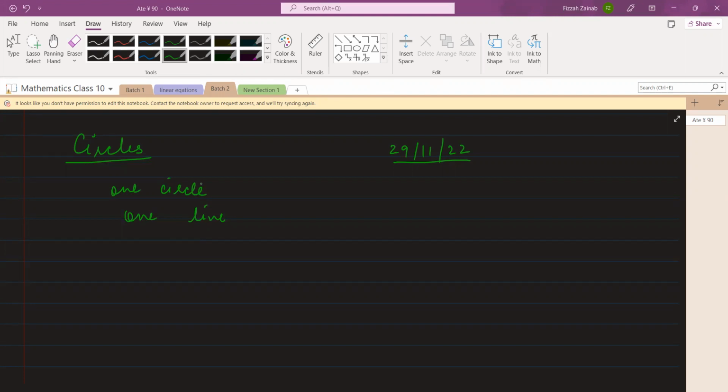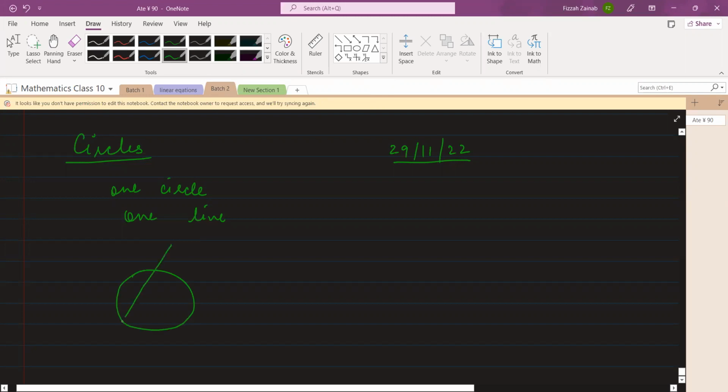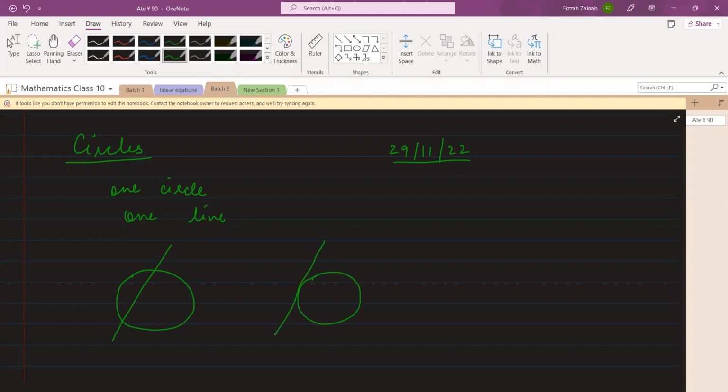So there can be three situations. Either the line is passing through the circle, or the line is just touching the circle, or they are separate from each other. Is that clear? This is the line L and this is the circle.